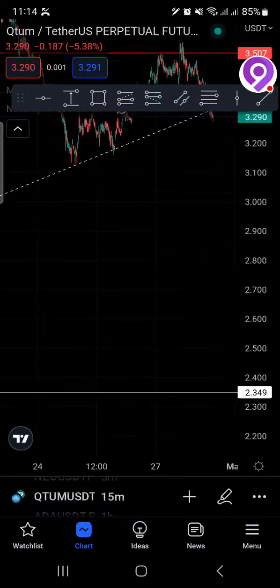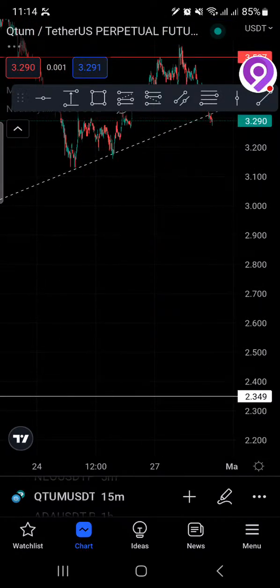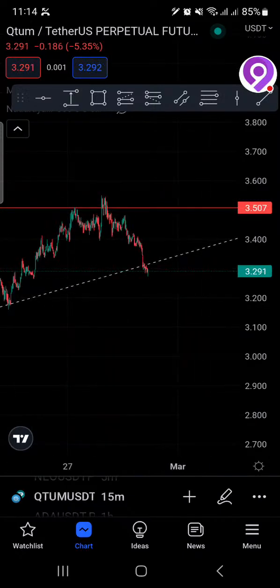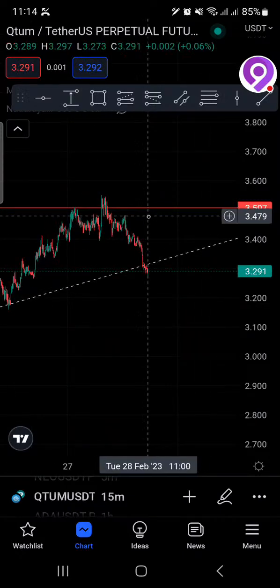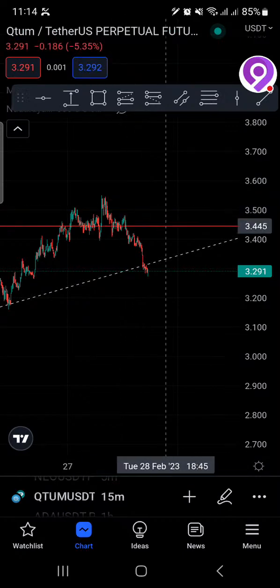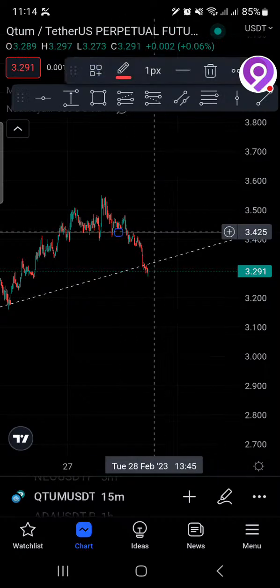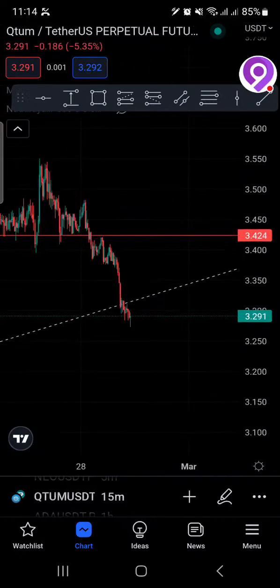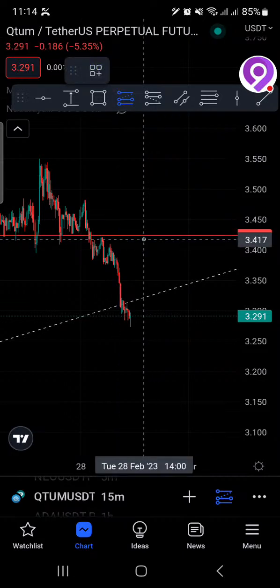Now you see, when you dollar cost average, this is the 15 minutes time frame, and your position is buy. Let's see, because this will really help you a lot.